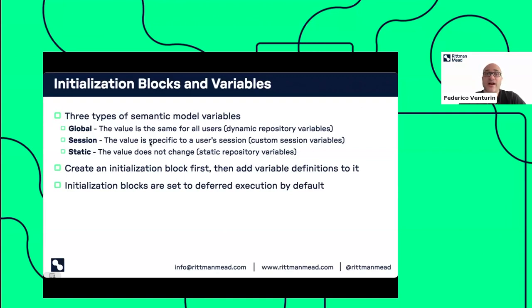Moreover, the available types of variables is different. Now you can create static variables which correspond to the old static repository variables in the administration tool. So these are variables that you set up once, and then the value never changes over time.